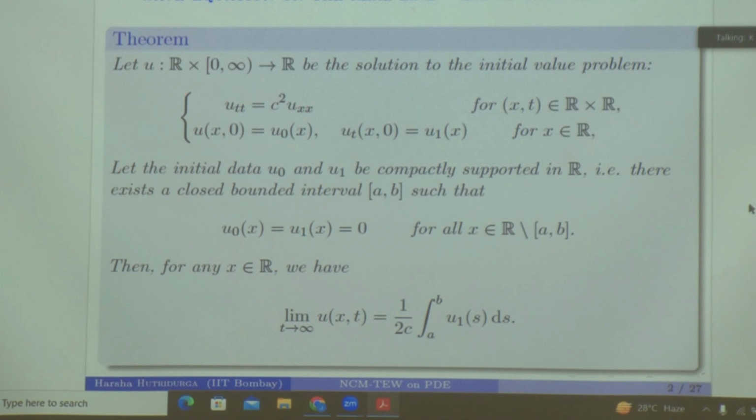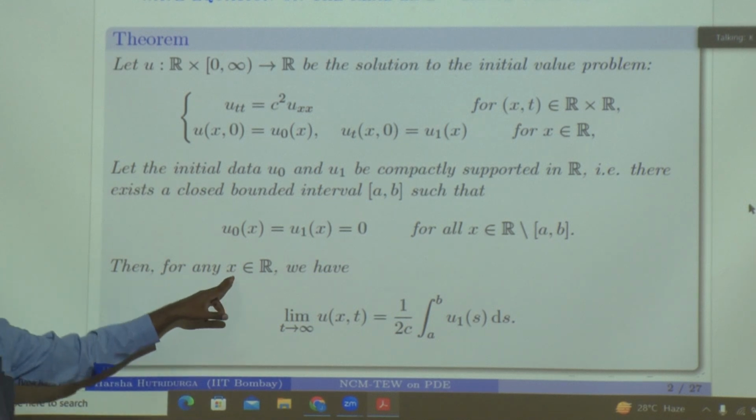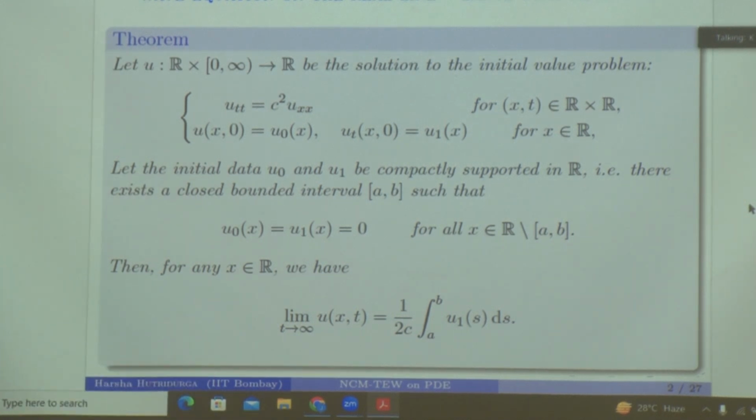And the claim is this: the solution to the wave equation is a function of two variables, x and t. The claim is, you fix any x in R, and now you look at this solution u of x comma t. Once you fix one of the variables, whatever you get is just a function of the t variable now, because you have fixed the x variable.